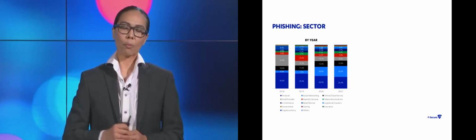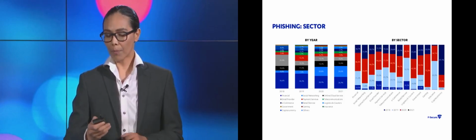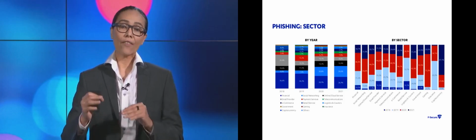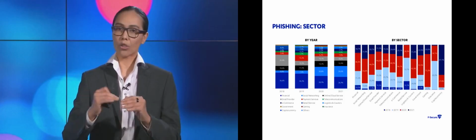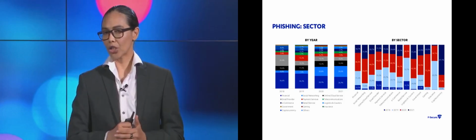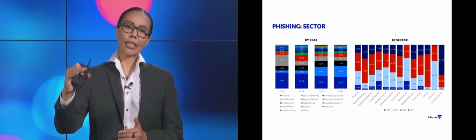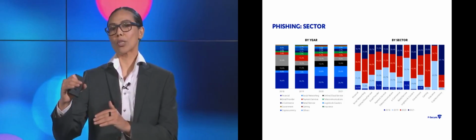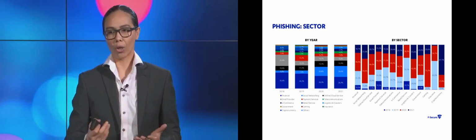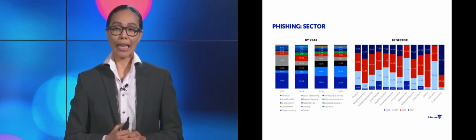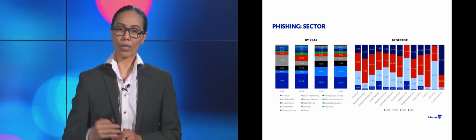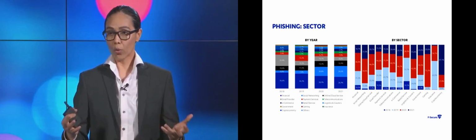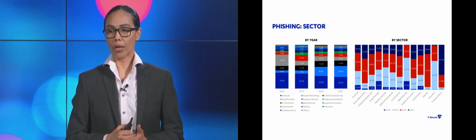And what's taking its place is social networking. However, even though the financial sector has a lesser share of the pie, if you look at it on its own, you will see that it is still steadily growing in volumes. But social networking has quadrupled from 2019 to 2020. So there is really strong growth here.